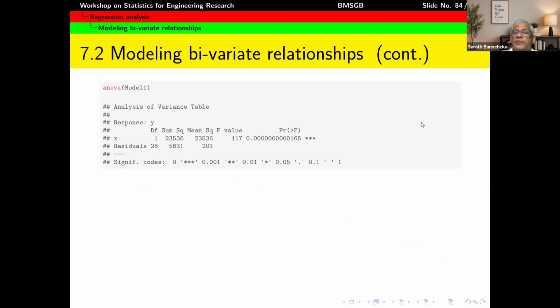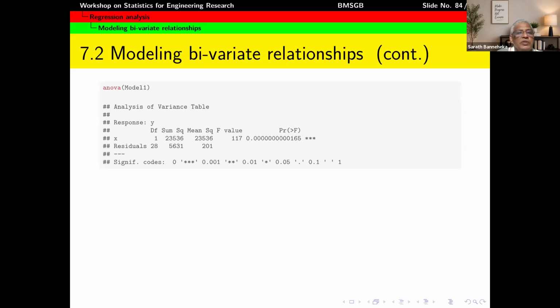This is the output. One part of the output is obtained using ANOVA, analysis of variance for this regression. That carries out the F test that I mentioned earlier, testing whether all the coefficients for the X variables are zero or not: in the first model X, and in the second one X and X square.